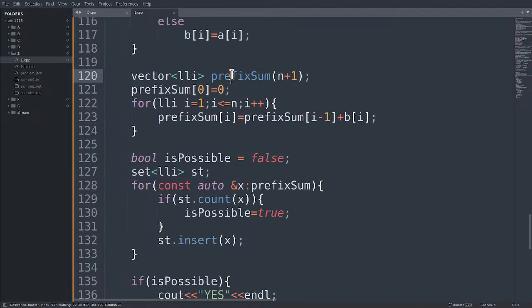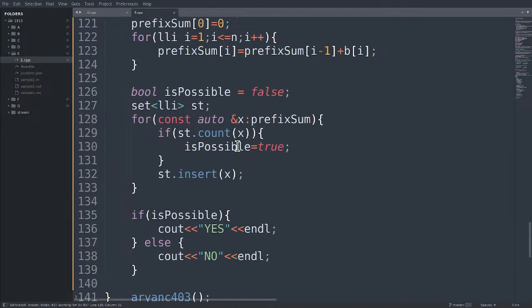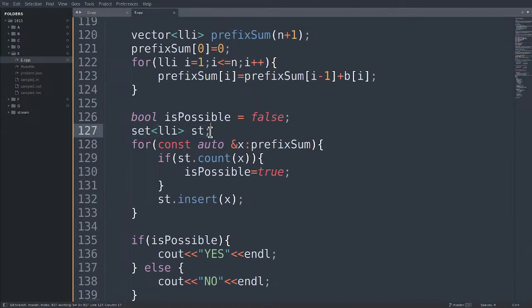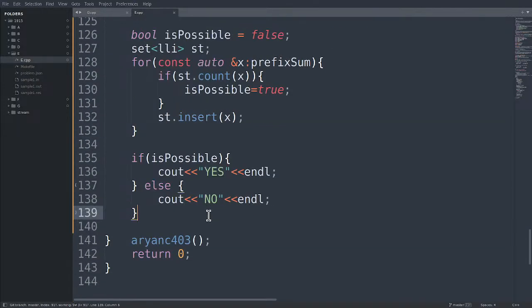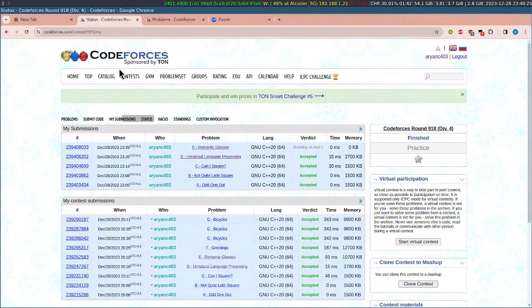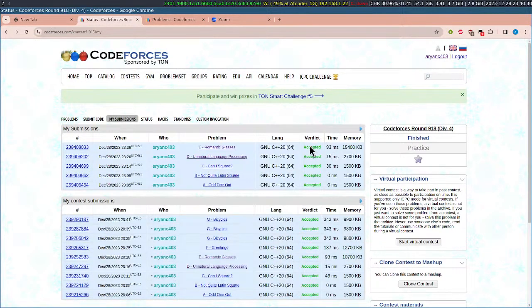And then we have to check if this contains a duplicate element, which we can do using a set where we maintain all the elements so far, and if it exists, we mark as true. Any questions on this one before I move on to F now?